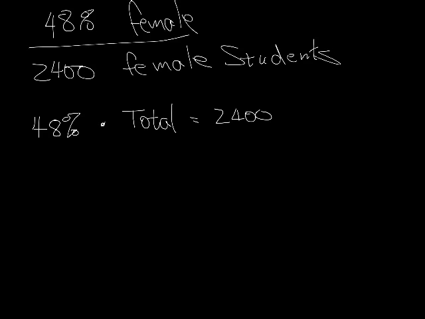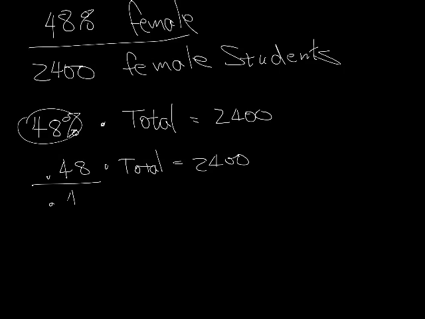So now we're going to change this to a decimal first, times the total equals 2,400. Now we're going to divide by 0.48 because of this multiplication sign there. Those go away. So 2,400 divided by 0.48 gives us the total number of students.